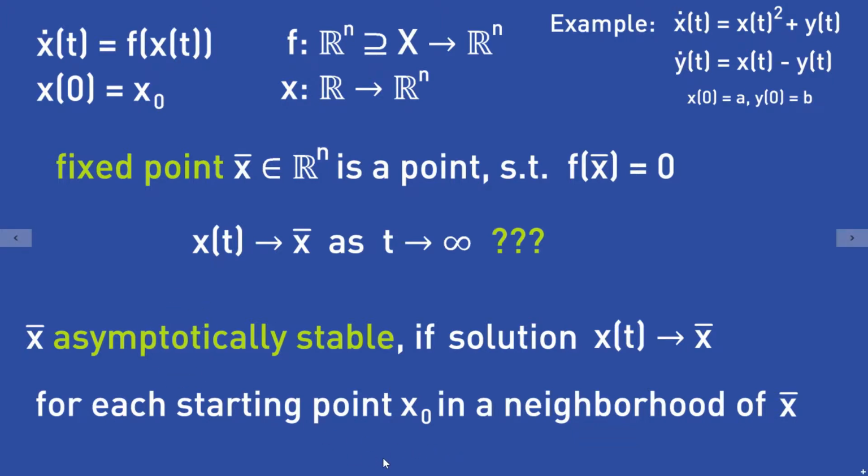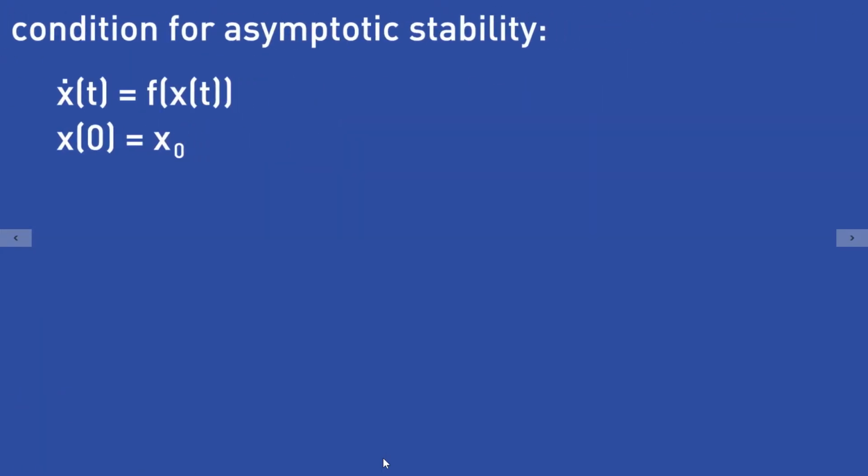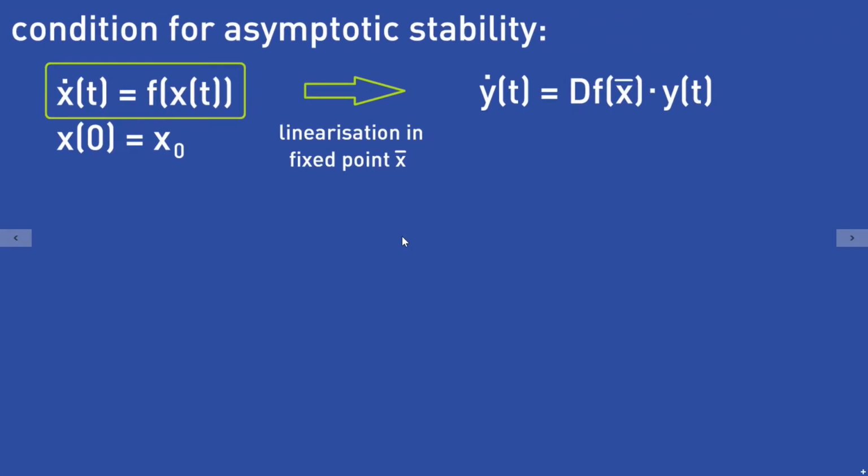To find such a condition, we will linearize the system of differential equations in the fixed point x bar. So we get a new linear system which acts as an approximation of the original system. So this here is now our new linearized system.